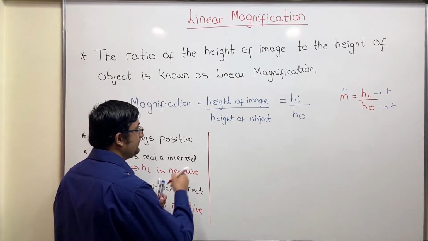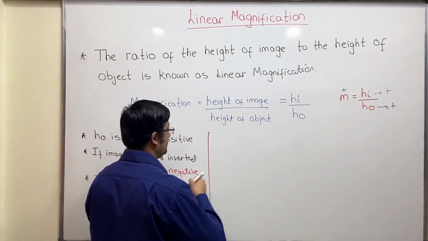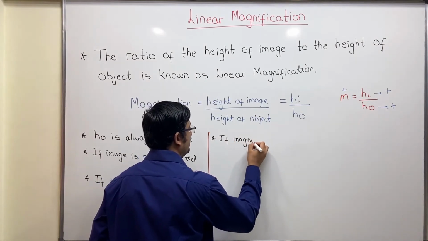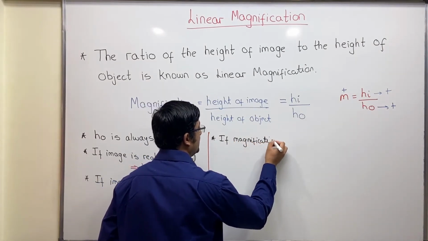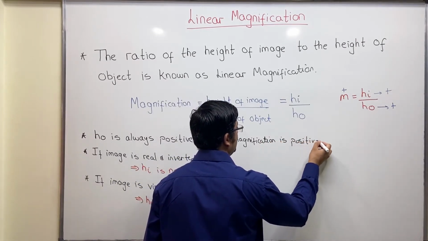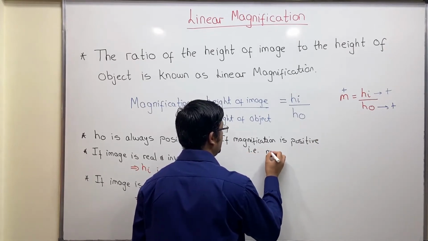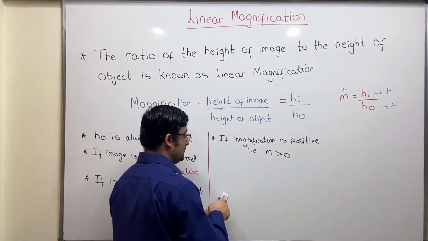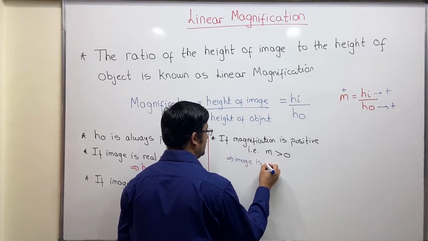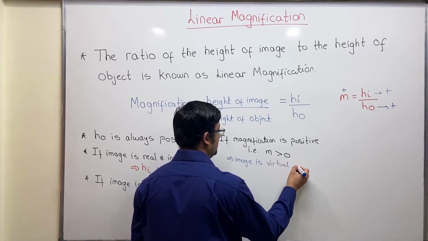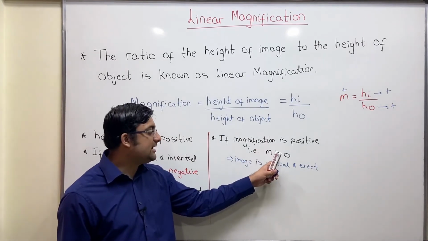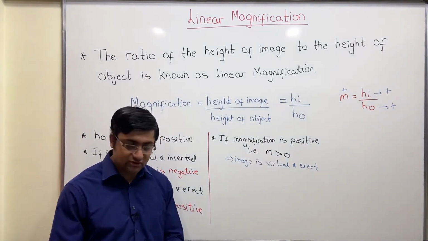Let me write this down. So see guys, if magnification is positive, that is greater than 0, this implies the image is virtual and erect.